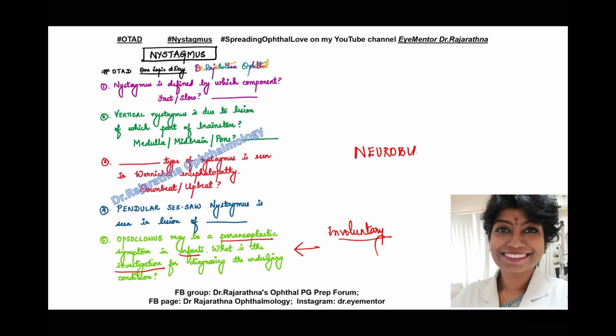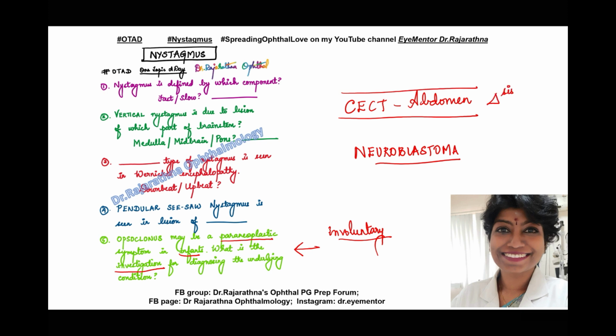All of you know that neuroblastoma most commonly occurs in the adrenal medulla, the cells derived from the neural crest cells. So the best investigation for diagnosing this underlying condition would be a contrast enhanced CT of the abdomen, followed by of course the MRI, but considering it's an infant, a CT is practically more useful than MRI. It's more practical, right?